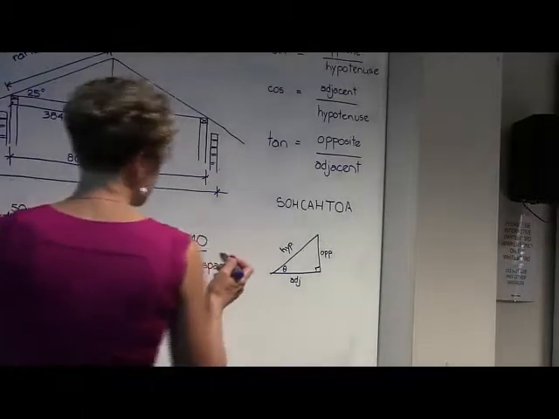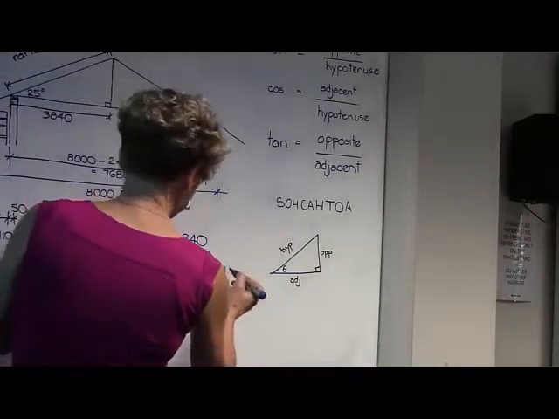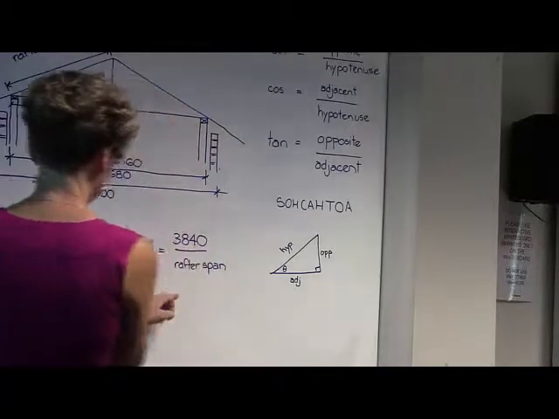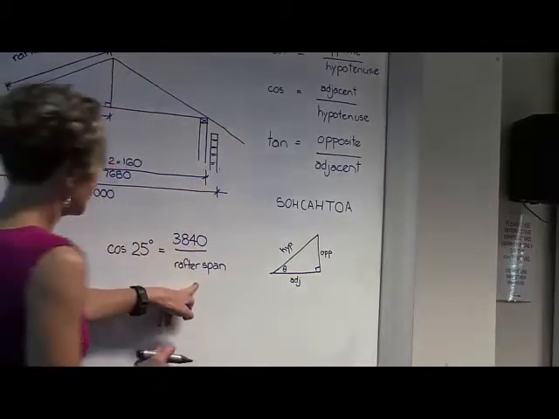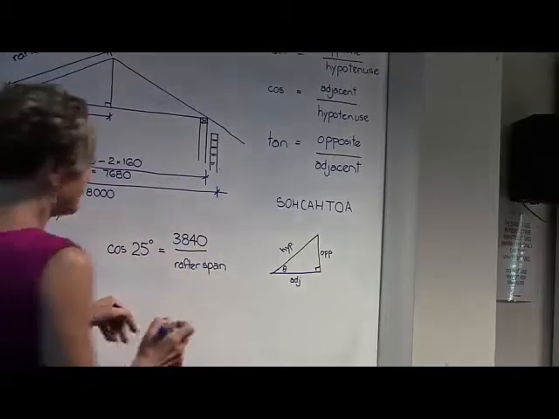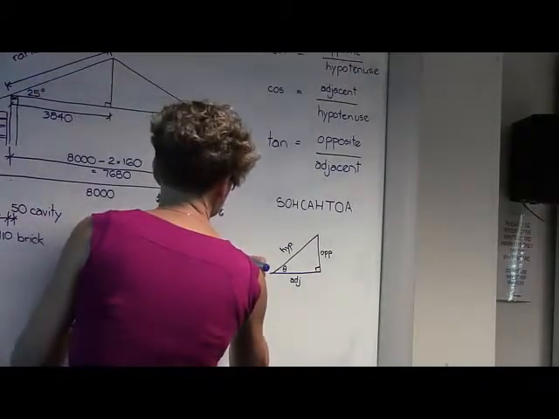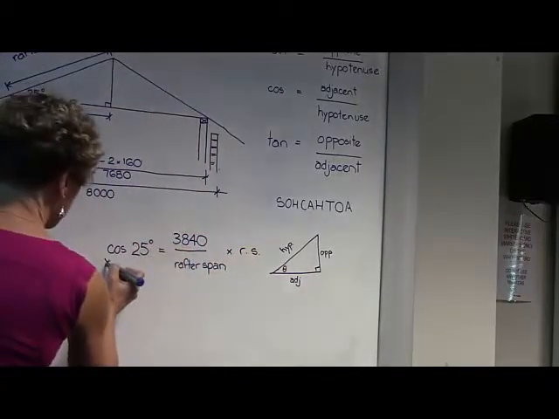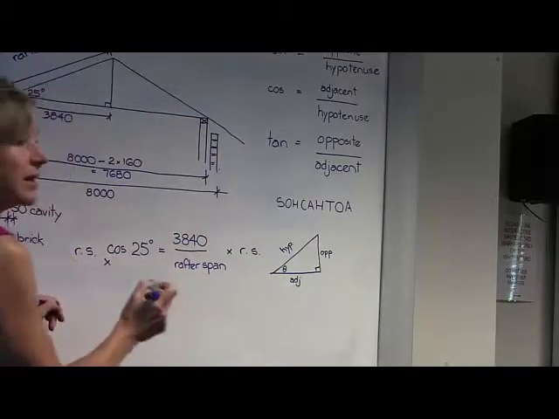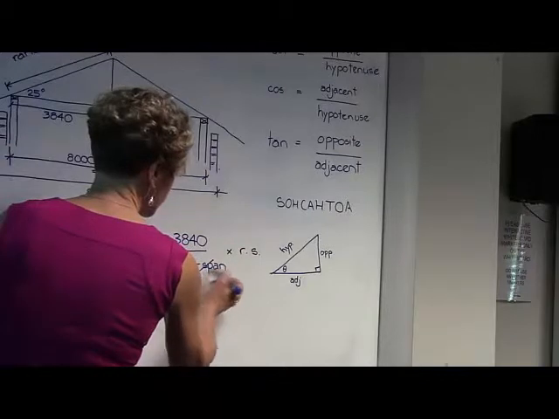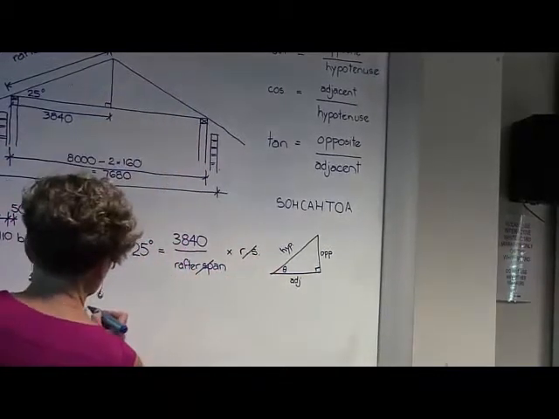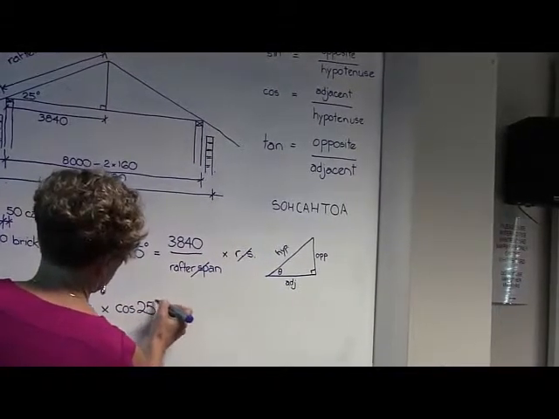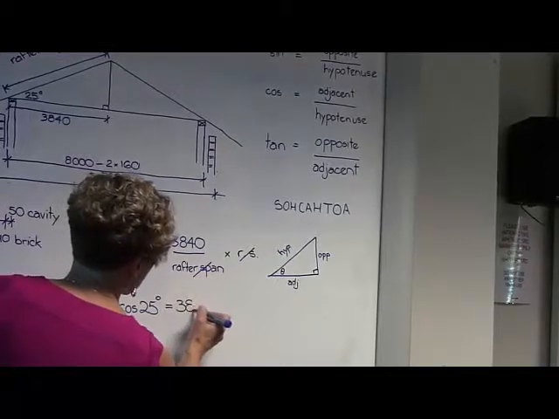For those of you for whom it's been a while, rafter span is the bottom of a fraction, so you need to multiply both sides of the equation by rafter span to get rid of the fraction. They cancel, and I end up with rafter span times cos 25 equals 3840.